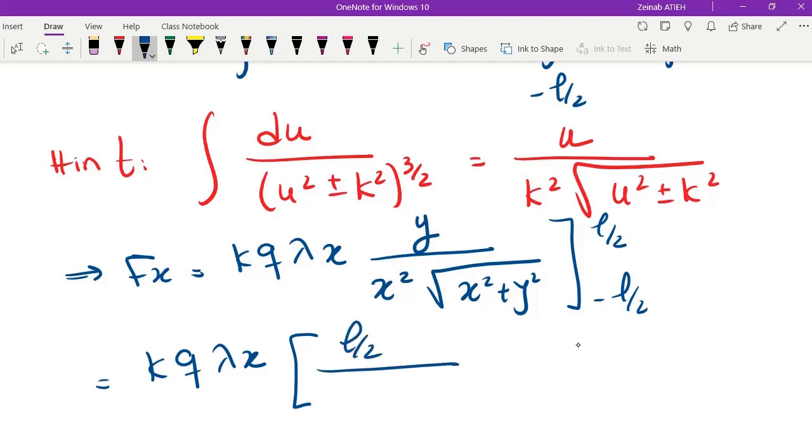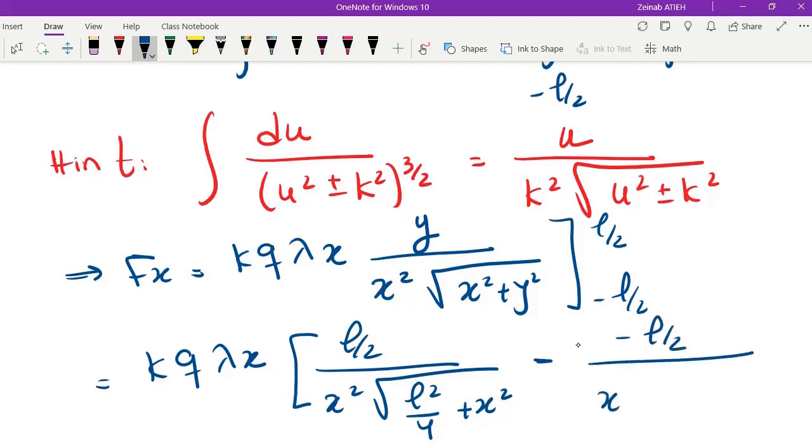So L over 2 over x squared radical L squared over 4 plus x squared, minus, substituting for y, minus L over 2 over x squared radical L squared over 4 plus x squared.